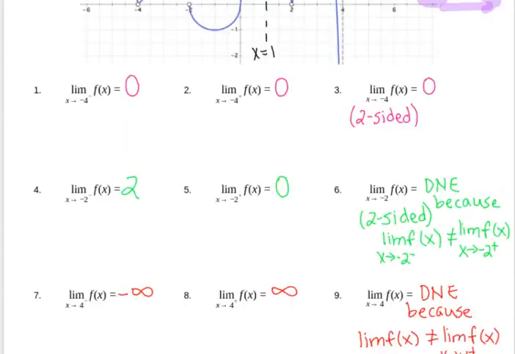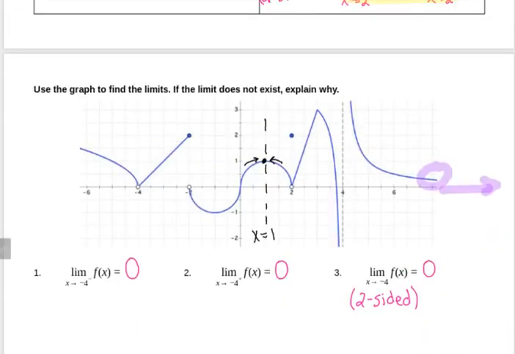Hopefully that made sense. I know it seems like that randomly came out of nowhere. But if we're looking at as x gets bigger and bigger, we can see that this is going to continue going this direction. And so that function value it's approaching is actually 0.